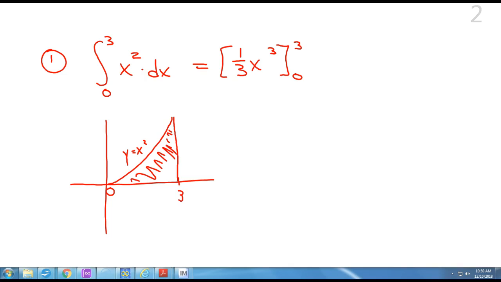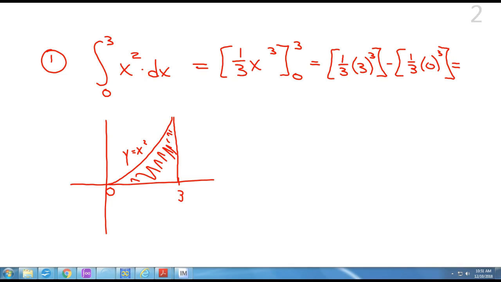Then you plug in the top number: 1/3 times 3 to the third minus 1/3 times 0 to the third.